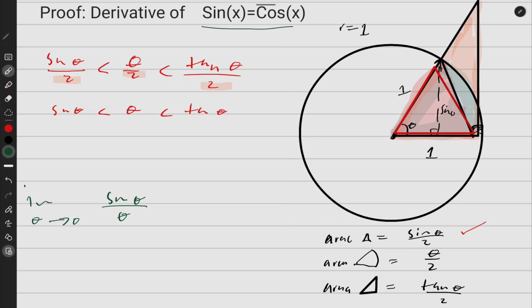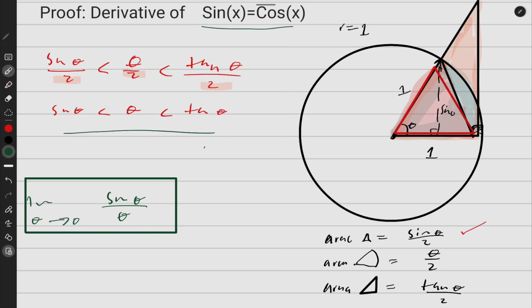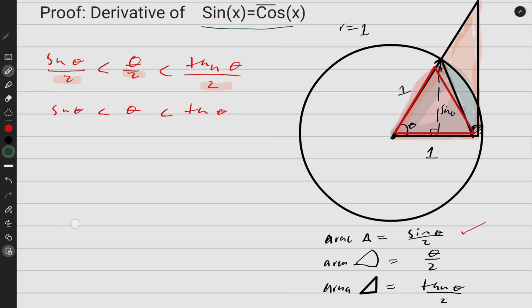So this is what we want, and we don't have what we want here. We're trying to make this contain this, so that's what I'm doing right now. I can just divide everything by sine theta. Let me write tan theta as sine theta all over cos theta, and then multiply by 1 over sine theta.